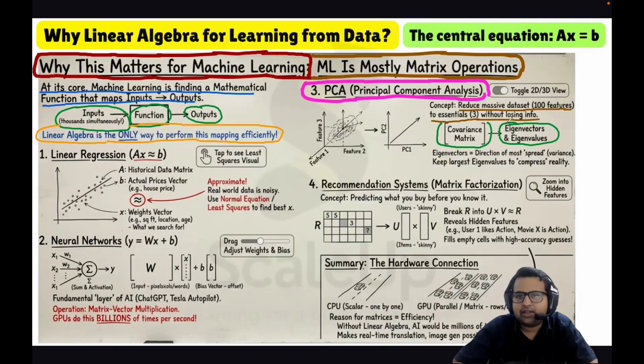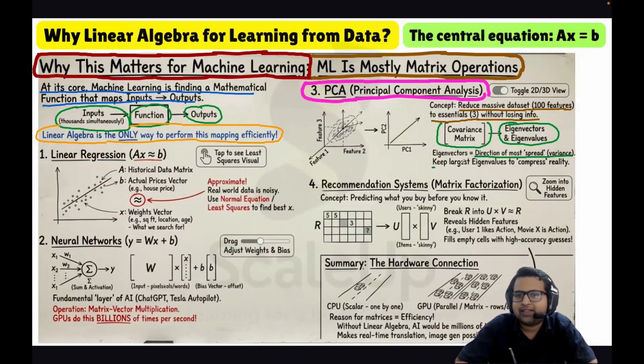An eigenvector points in the direction of the most spread, the variance. By keeping only the vectors with the largest eigenvalues, you effectively compress the reality of the data into its most essential parts.